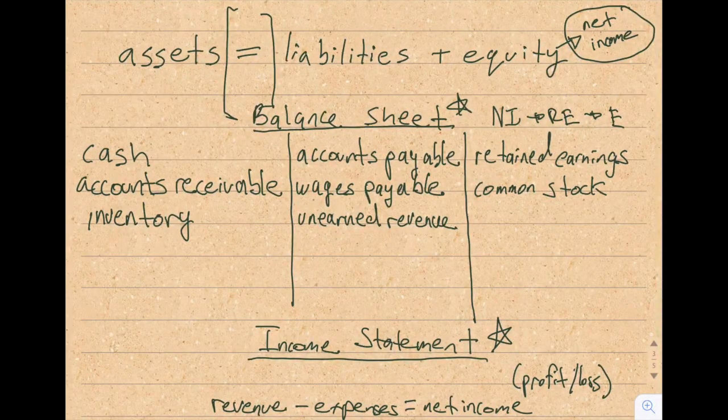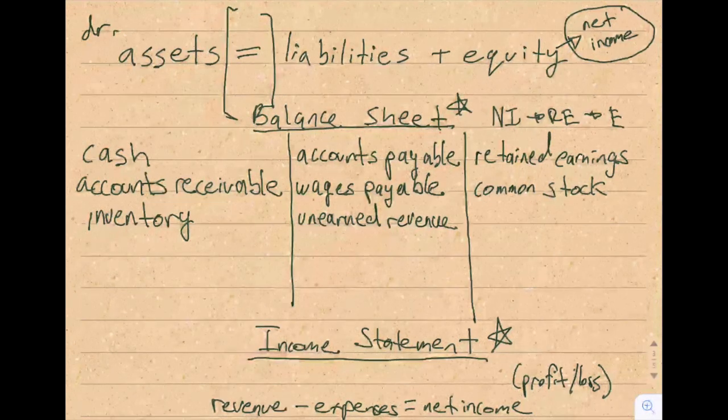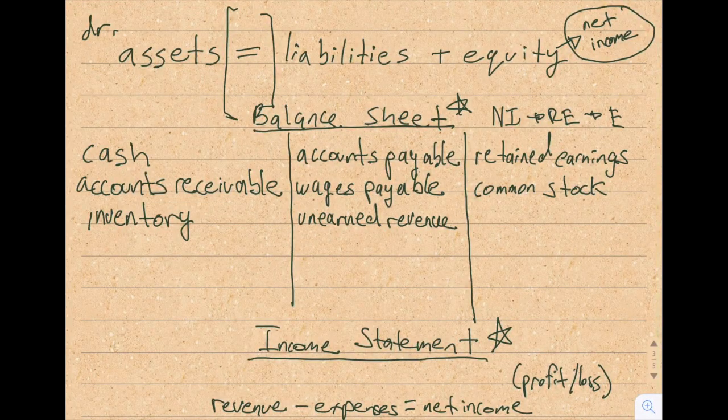So the left, the assets, for everything that's an asset, if you debit the account, whether that's cash, accounts receivable, inventory, or something else, that's going to cause the account to increase, okay? If you credit it, it's going to be just the opposite, decrease. So that's one side. The other side, liabilities and equity, you treat those the same, but it's going to be the exact opposite of assets.